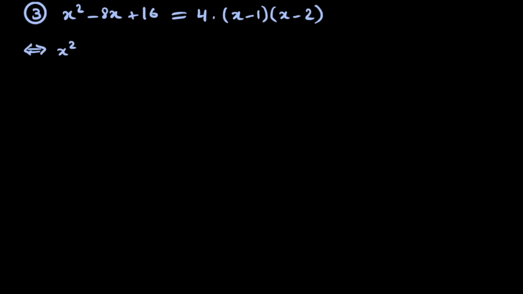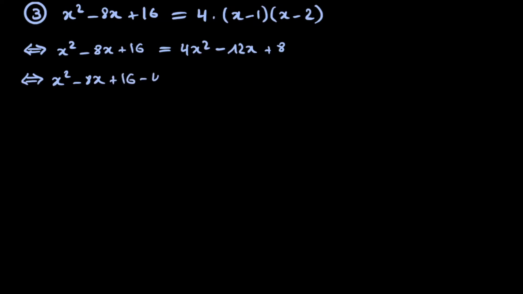We can rewrite this as follows. On the left-hand side, we have x squared minus 8 times x plus 16. On the right-hand side, we can calculate the product of these two brackets, such that we get 4 times x squared minus 3 times x plus 2. Wait, as stated: 4 times x squared minus 12 times x plus 8. And now, of course, we can bring all of the terms to the left-hand side of the equality sign. So we get x squared minus 8 times x plus 16 minus 4 times x squared plus 12 times x minus 8 is equal to 0.